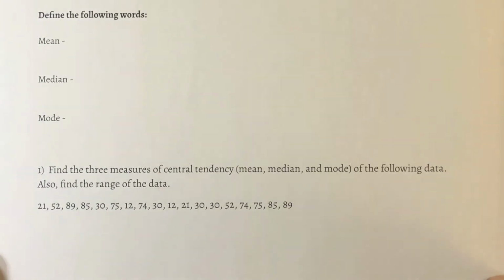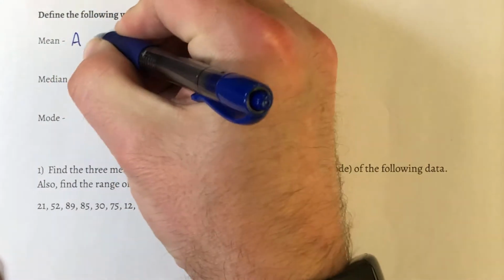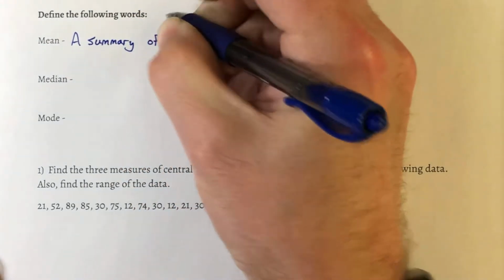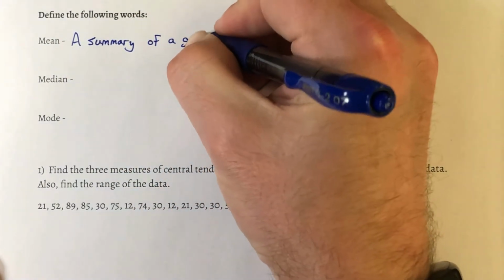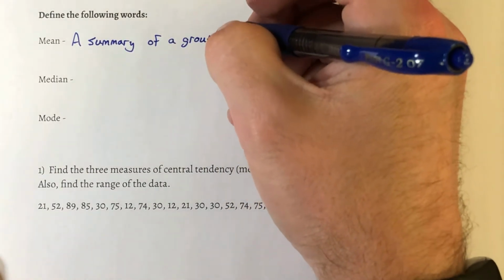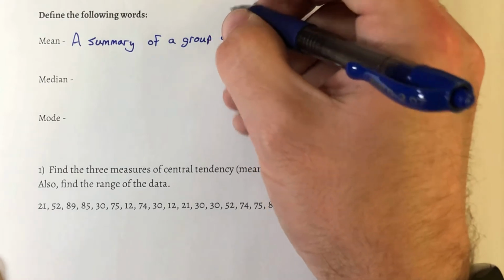First, mean. Mean is a summary of a group of data. So just like you can summarize a paragraph, you can summarize a group of numbers.